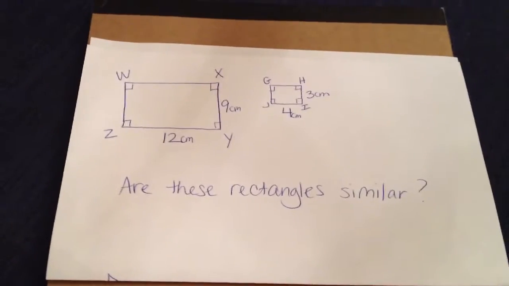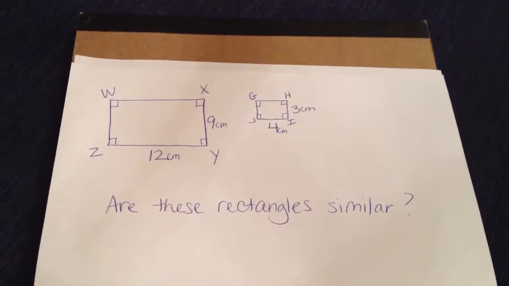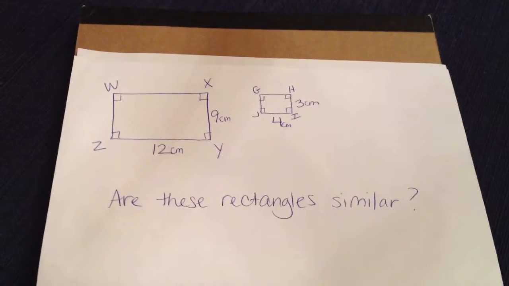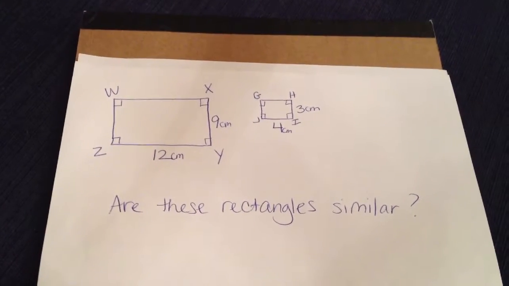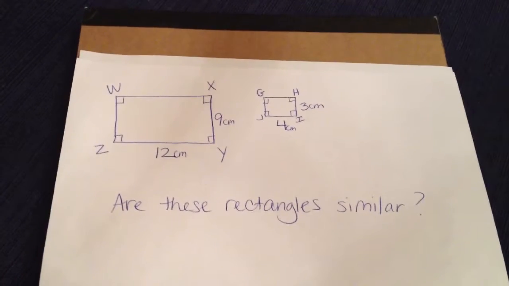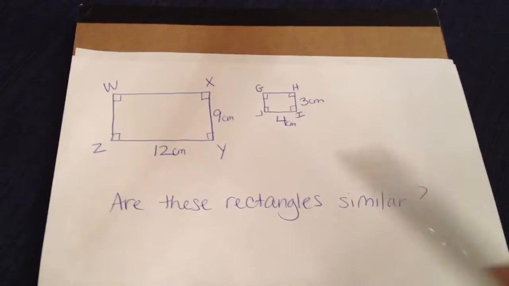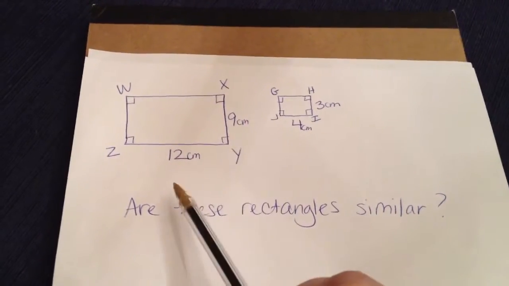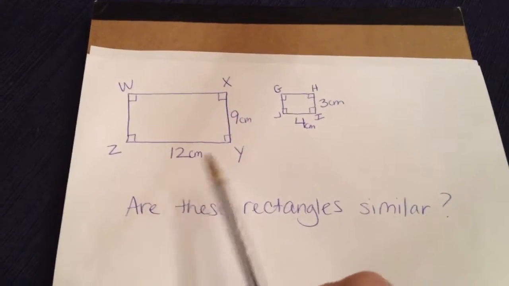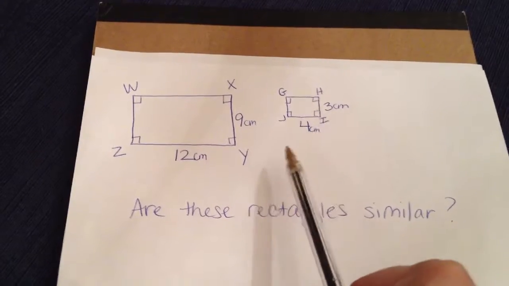And the other thing they have to have to be similar is sides that are corresponding. The corresponding sides need to be in proportion. And the way that we can check that is we look at the sides that are labeled. In this case, the length and the width of each rectangle is labeled.